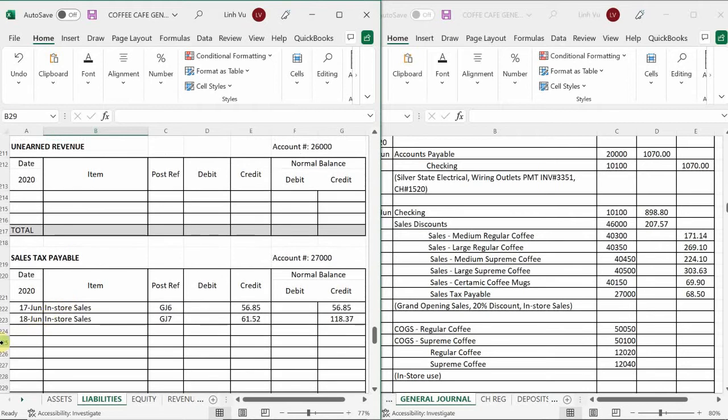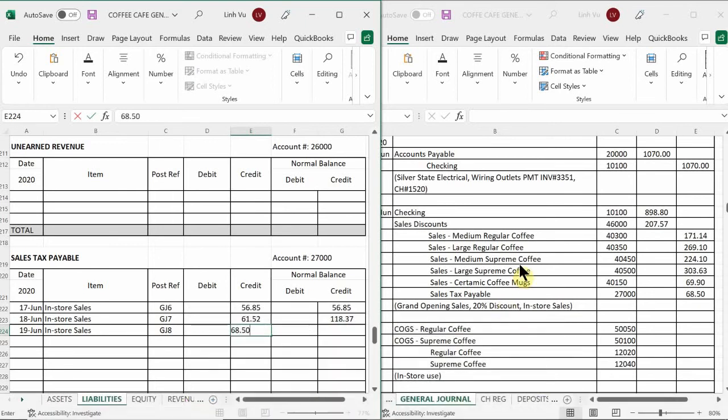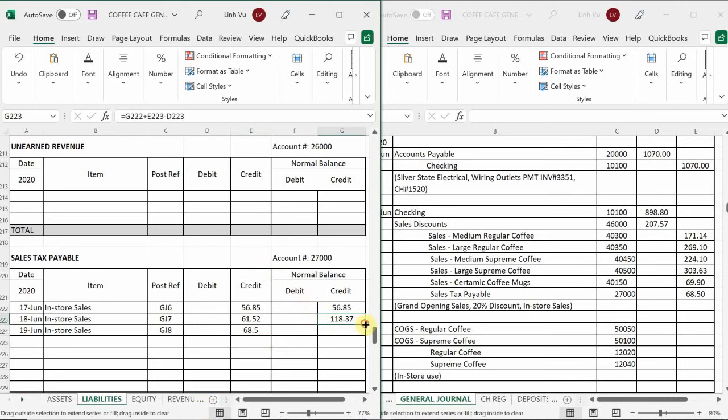Here we are. It's $68.50. So its total is 186.87. 186.87. Good. Yep.